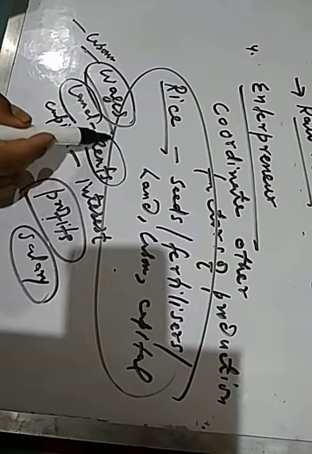I will repeat it. The price paid for labor for its use in the production process is known as wages. The price paid for land for its use in production is known as rent.